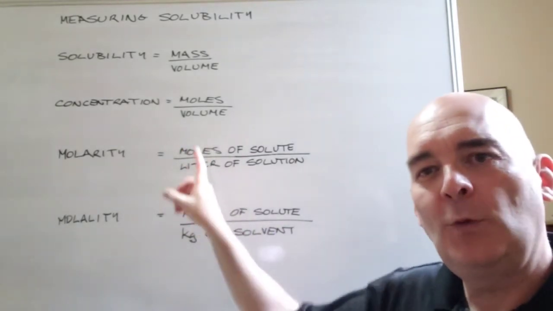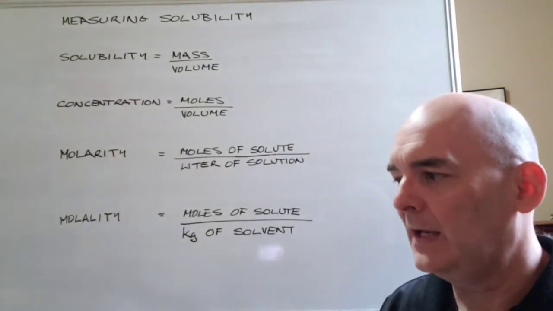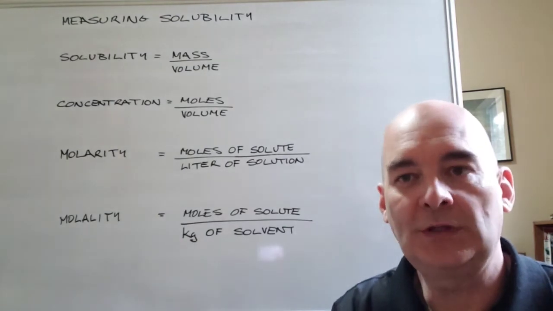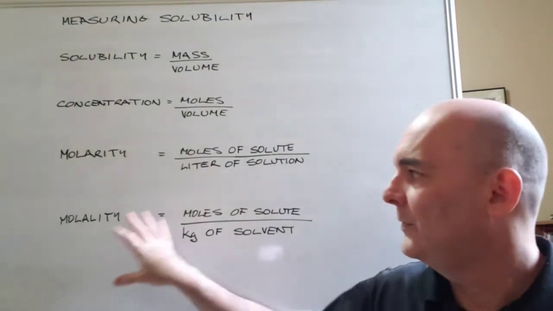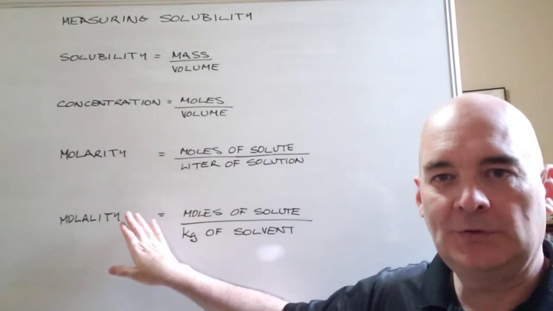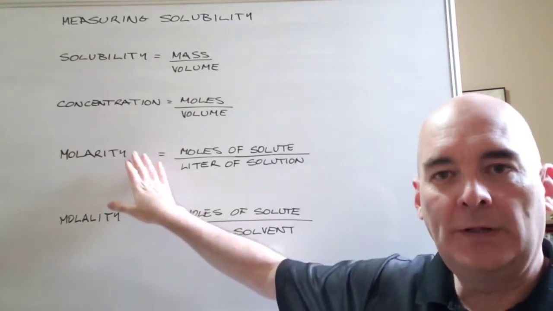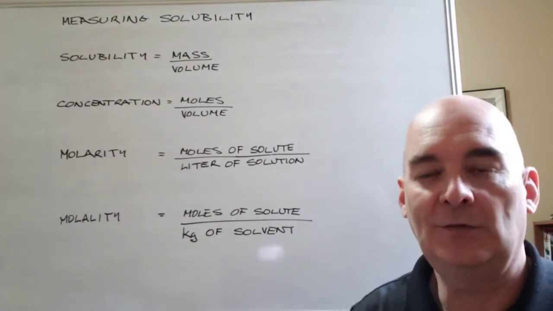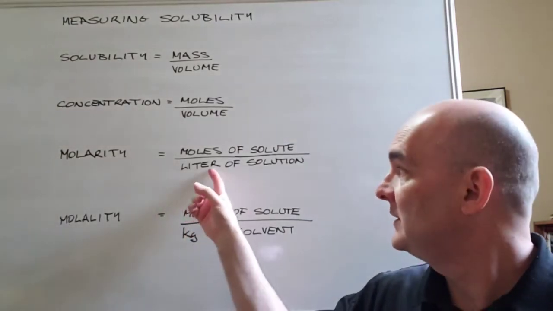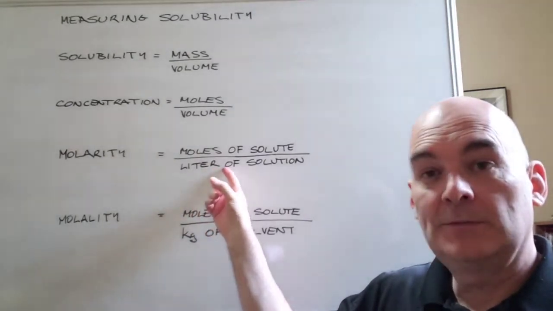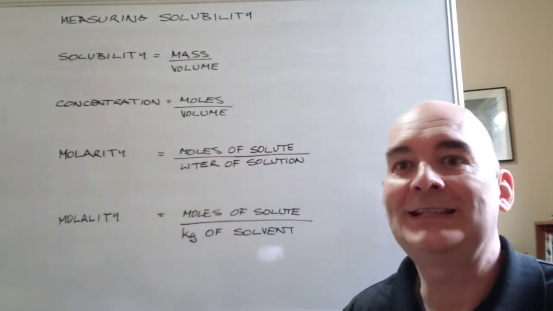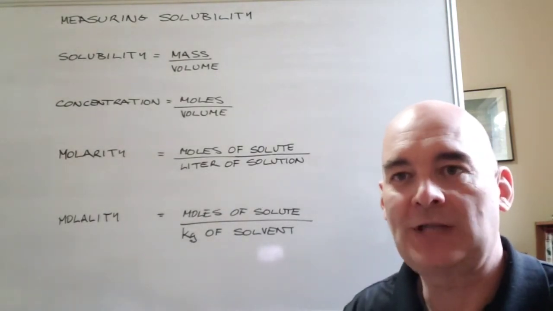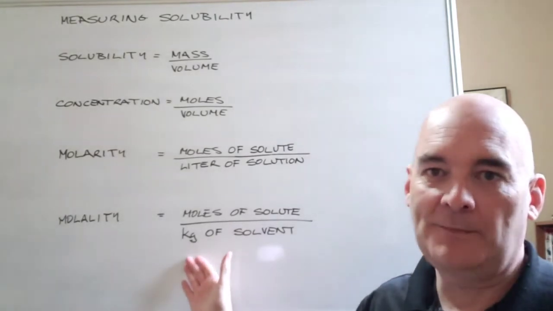And the distinction why we need both is that if you were to perform an experiment that you wanted to track at 2 different temperatures, this one is not susceptible to a temperature change, but that one is, because as liquids get warm, they expand in volume. So my liter of solution contains a different number of moles at different temperatures, whereas a kilogram is a kilogram is a kilogram.